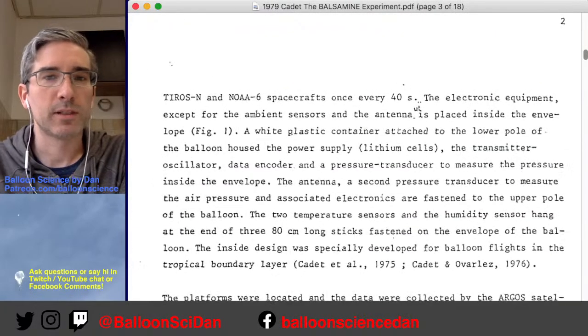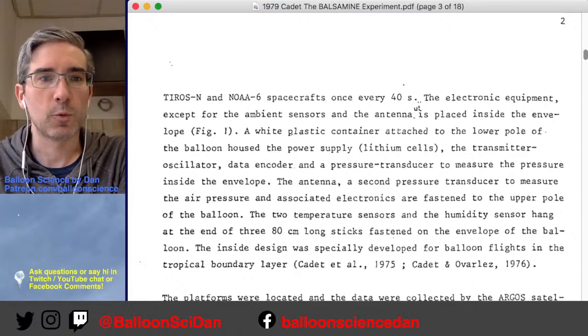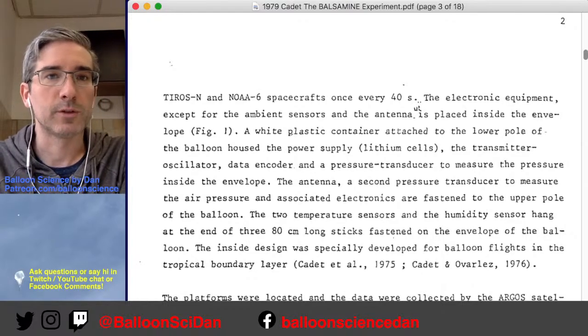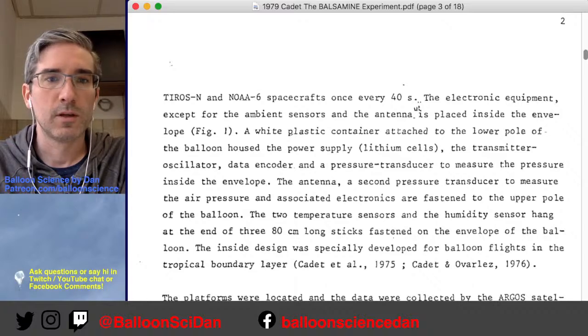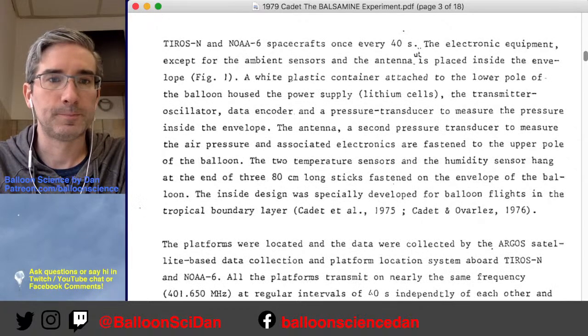A white plastic container attached to the lower pole of the balloon housed the power supply. As we saw, the transmitter, oscillator, data encoder, and pressure transducer, the antenna, second transducer, we looked at all this.